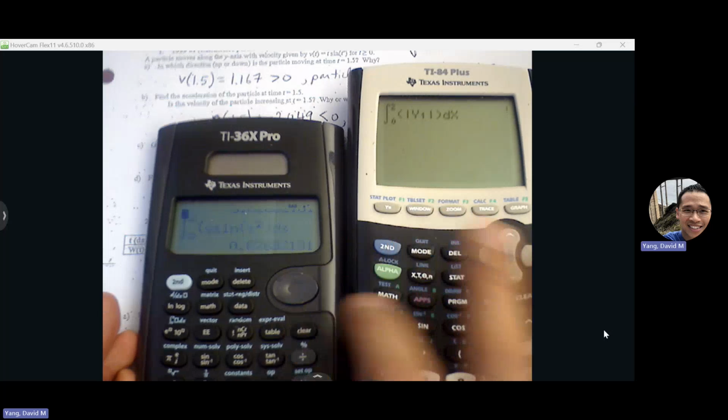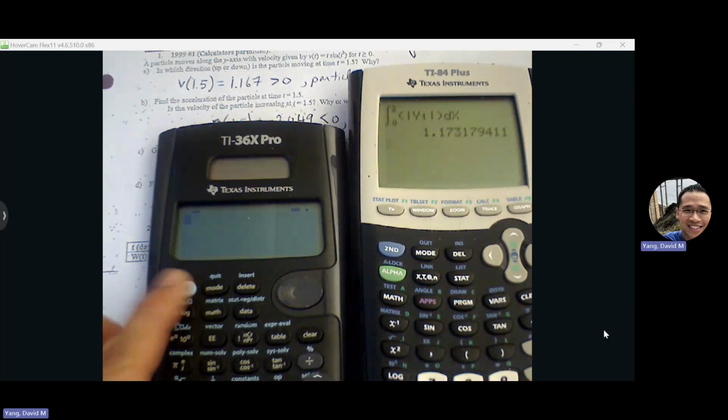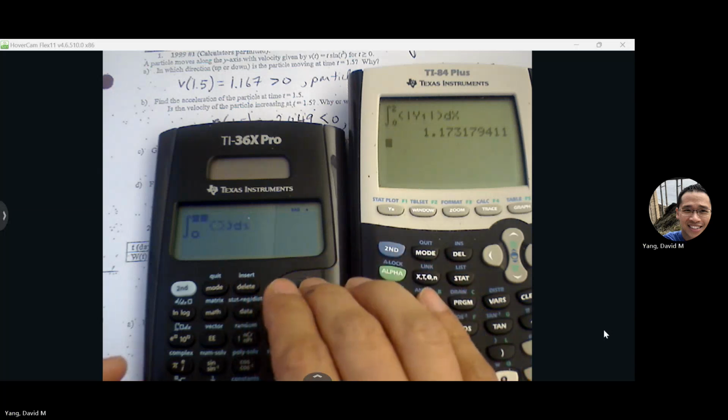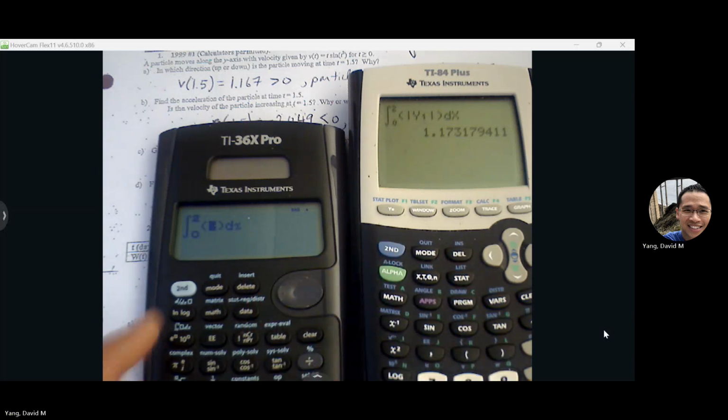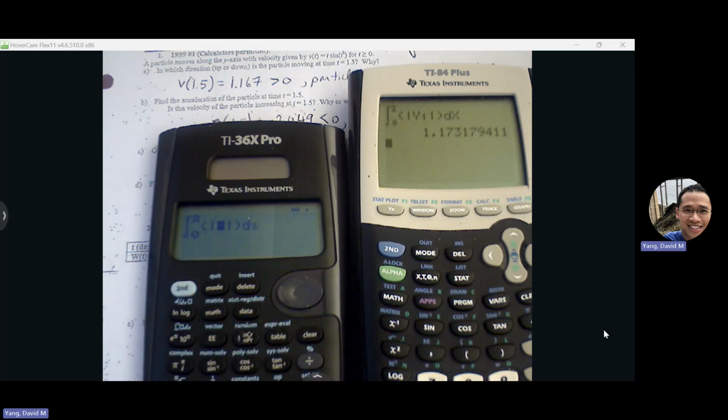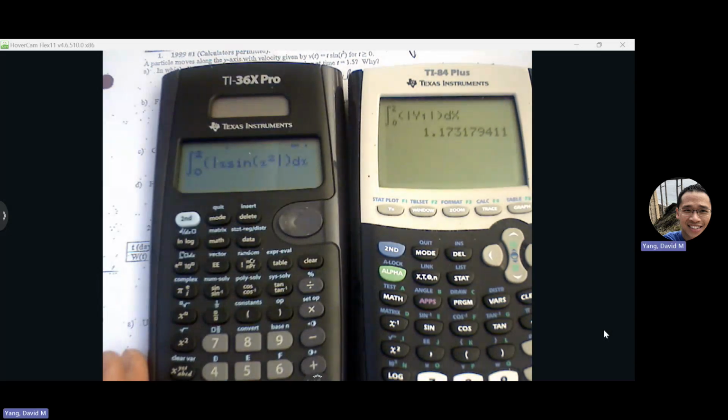If you're using a TI-36 Pro, second, integral from 0 to 2. And then the absolute value feature again, same location here, math, number, ABS. And then type in your function, x sine x squared. It takes a little bit longer for the calculator to get that.